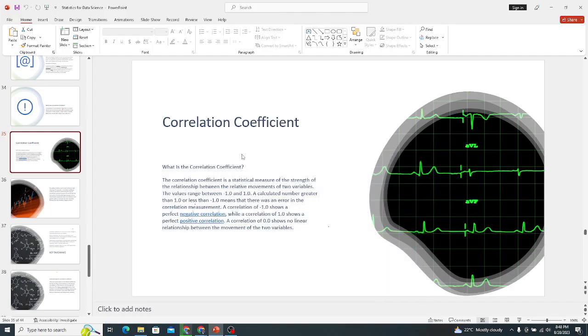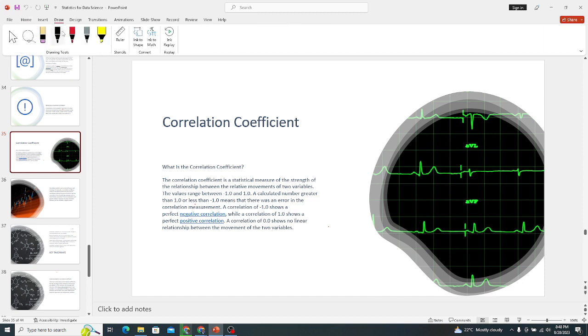Okay, good. Now, correlation. What is correlation, or what do you understand by correlation? As I had said earlier, the correlation coefficient is a statistical measure, and it measures the strength of the relationship between the relative movements of two variables.